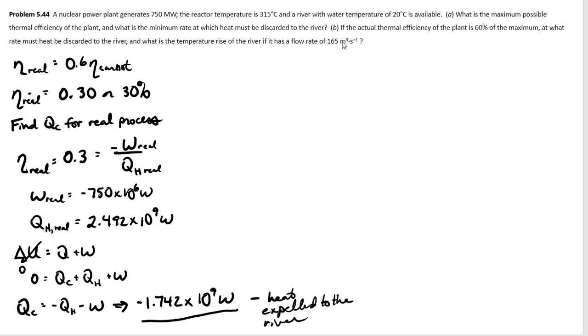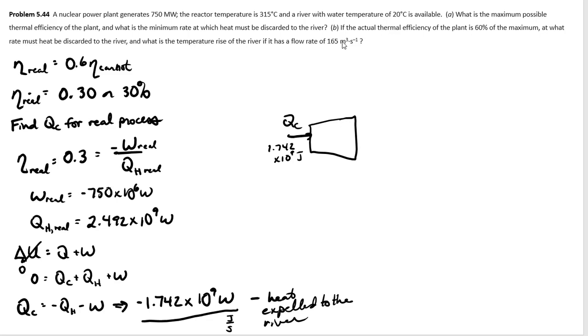So this is essentially an energy balance problem. Remember, this watts is joules per second, so we know how much heat goes into the river, this is QC. You can take a 1 second basis. So in 1 second, we have 1.742 times 10 to the 9 joules of heat going into our river.